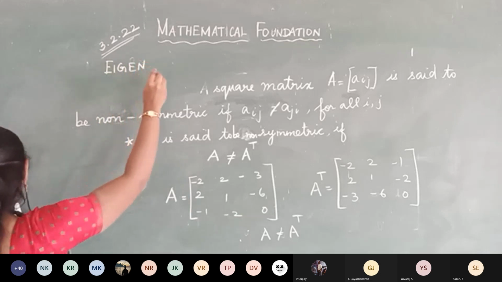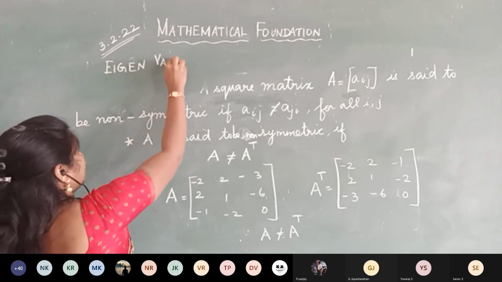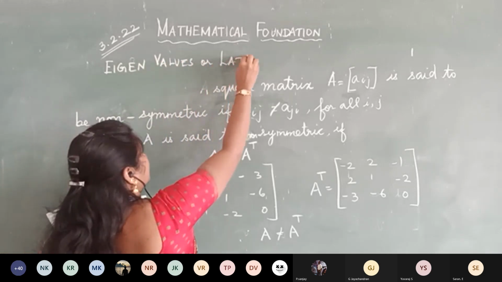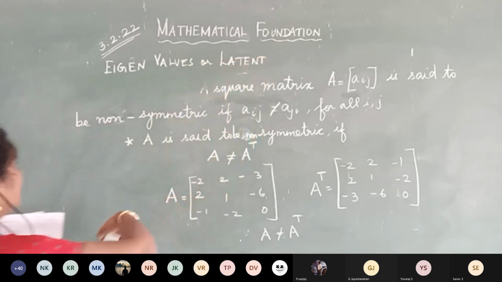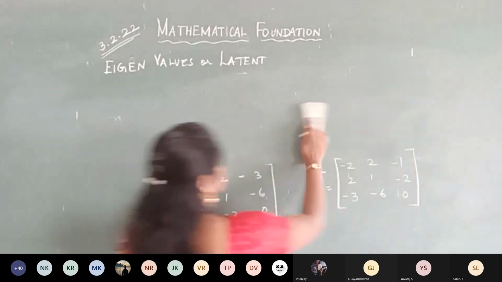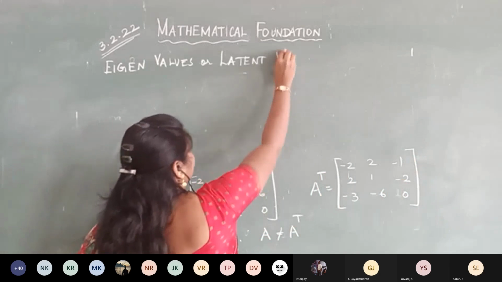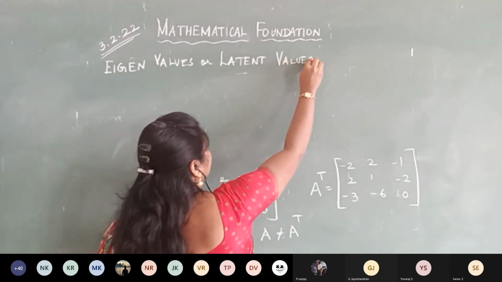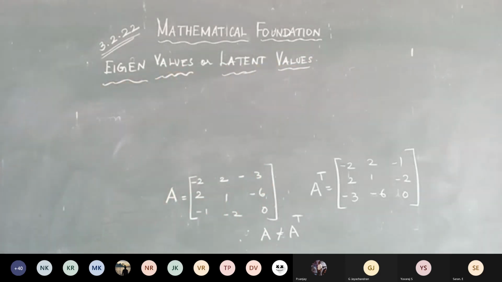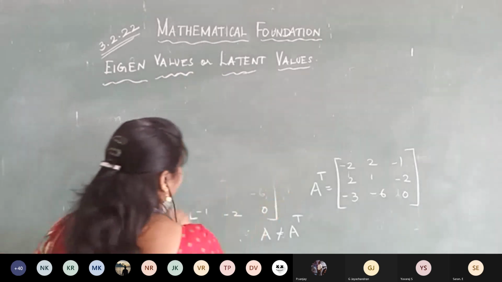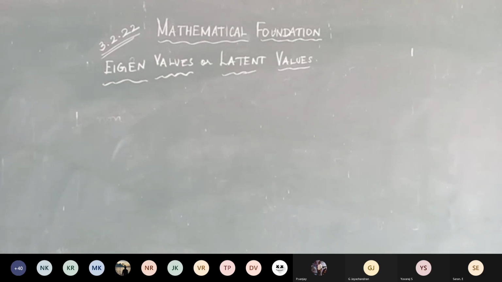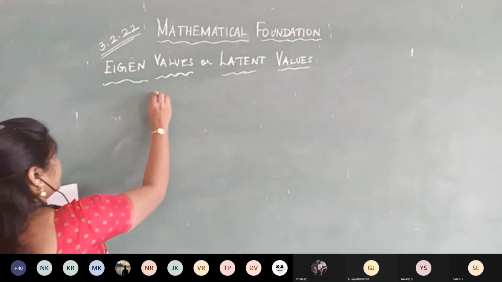Eigenvalues can also be called latent values. That definition also we will write down.